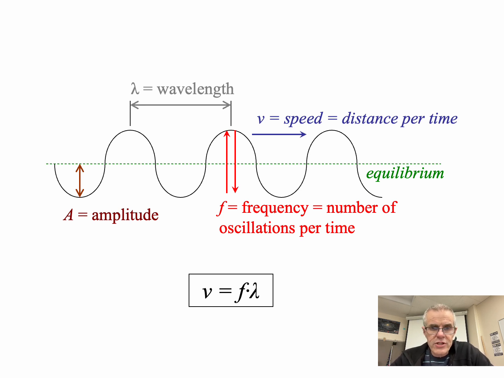There's very much a logic to this, why that has to be true. It's not like it's a law of nature, it's just by the way we define things, it has to be true. Just by definition, this is a true statement by the way we define speed, by the way we define frequency, and by the way we define wavelength. This has to always be true. So that's a very important formula. You're going to get lots of practice and experience using that formula in this unit.